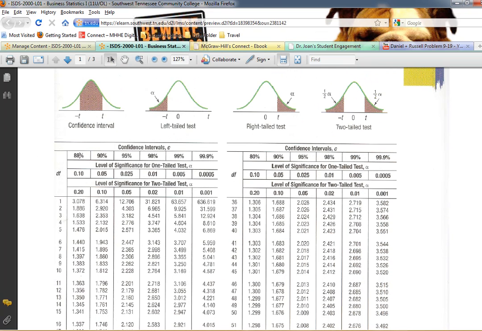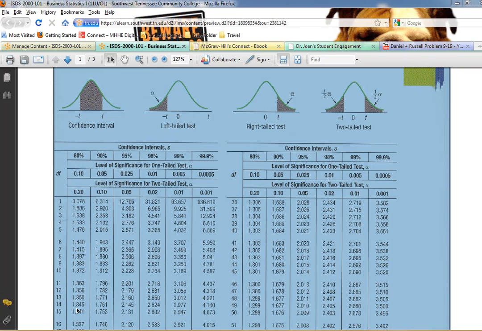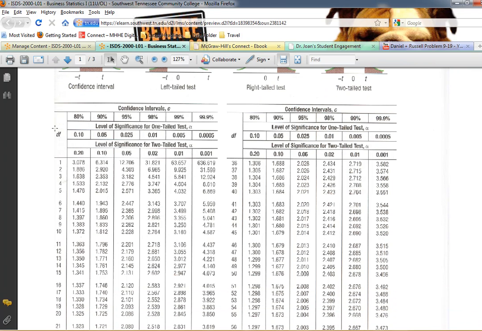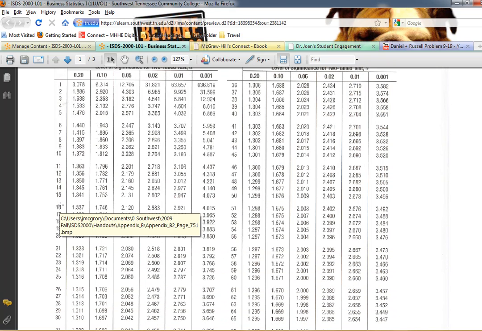This is again from your book. Our problem said a 95% confidence level, so I'm going to find, here are our confidence levels, 95%, and I'm going to look down through here. Now, notice that this column is not n, it's degrees of freedom, and degrees of freedom is n minus 1.